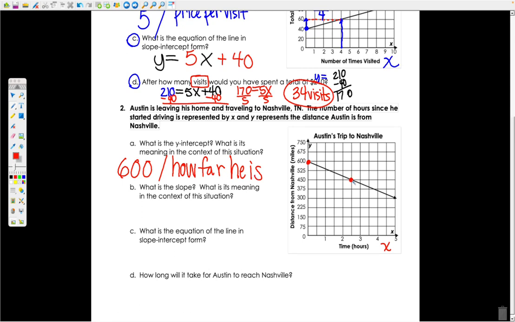Okay, so make sure everybody's with me. The distance from here to here, you're going down 150, right? But that's 150 in 2.5 hours. So if that's 150 in 2.5 hours, the slope is negative.